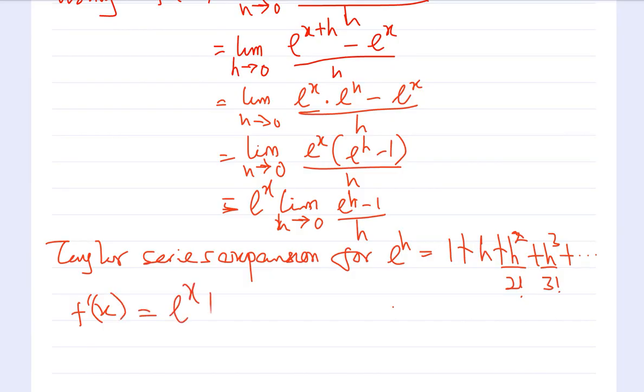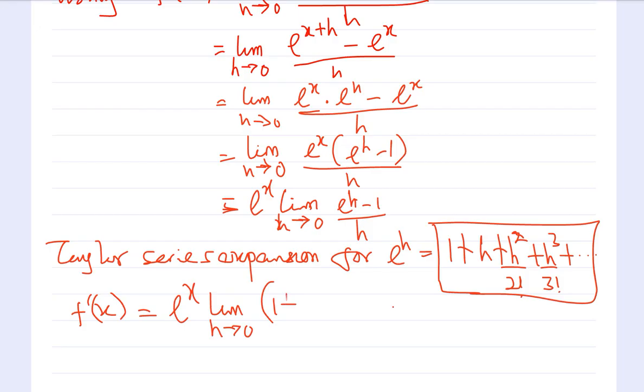Exponential x, then the limit as h approaches 0 of, so rather than writing exponential h now, I'll put all these values, okay? So we have 1 plus h plus h squared over 2 factorial plus h cubed over 3 factorial, minus 1. You can see clearly here, 1 is going to cancel negative 1.